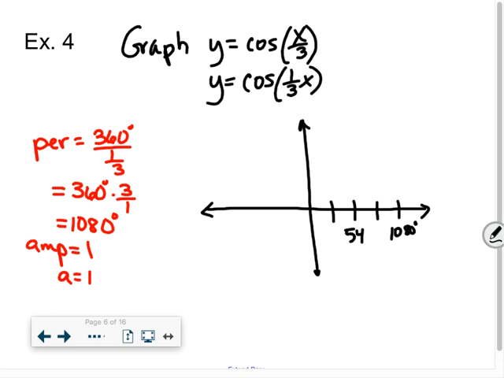So that's 540 would be my second tick. So I start at 1, 0, negative 1, 0, 1.